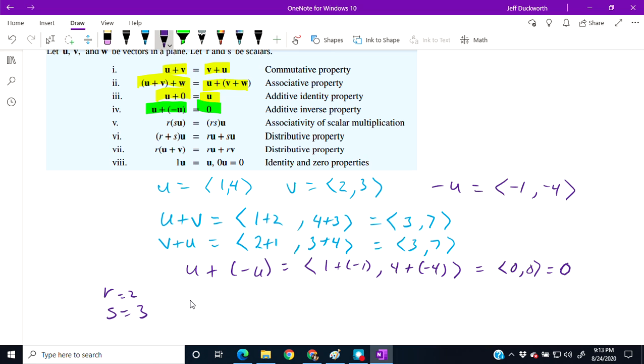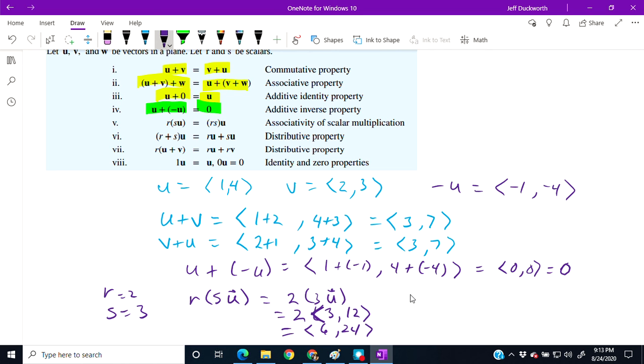We've got our u there. r times su, I'm just going to do that for clarification's sake, is going to equal 2 times 3u. That equals 2, and u again is 1, 4, so that's going to be 3, 12. We multiply the 2 through, and that gives us 6 and 24.